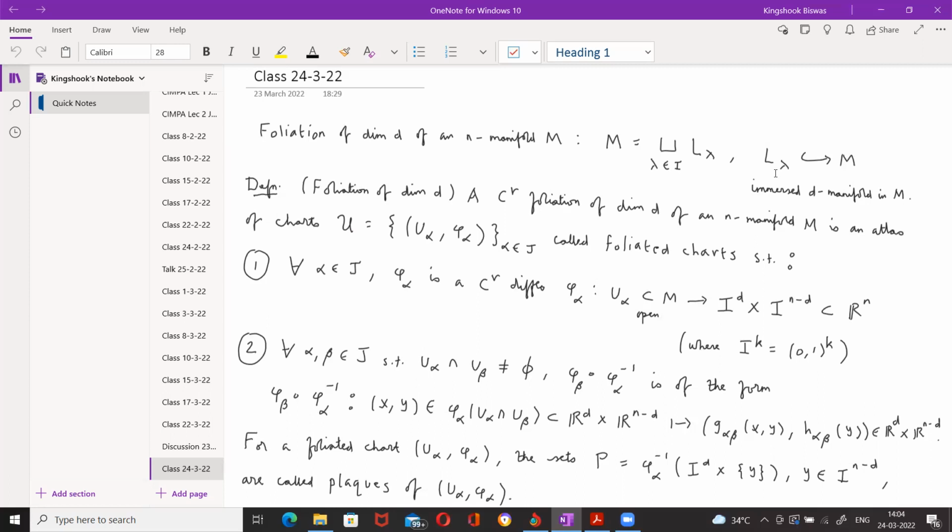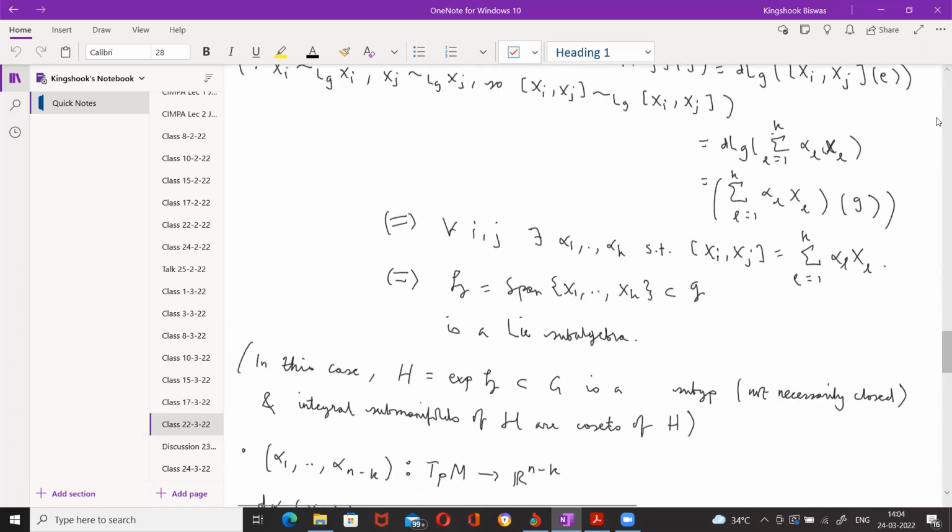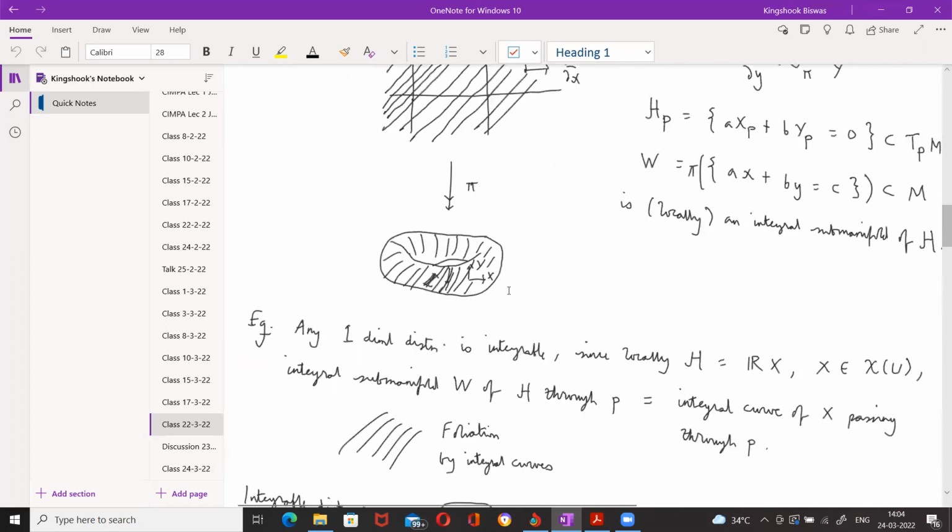So for example, if you remember in the last class, we looked at the torus, which was foliated by the projection of straight lines with a given slope in R^2. You project them to the torus, and you get a foliation of the torus by these curves.